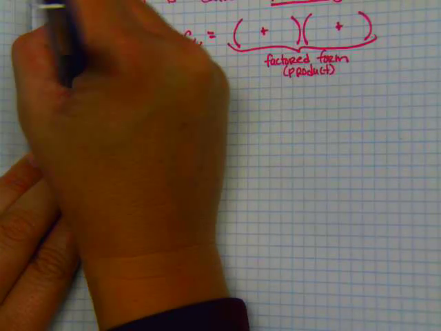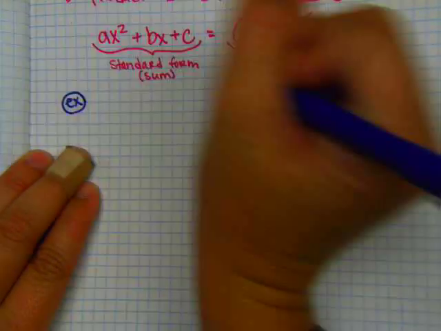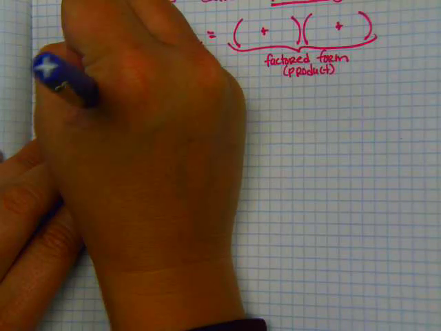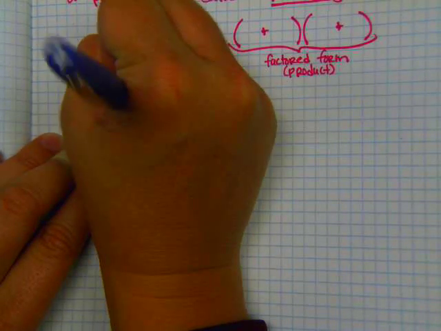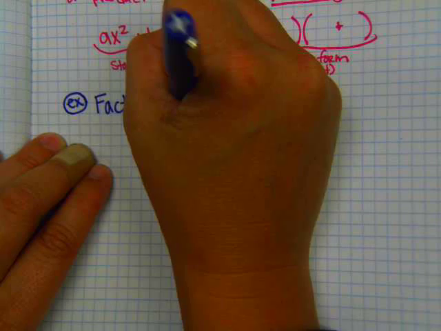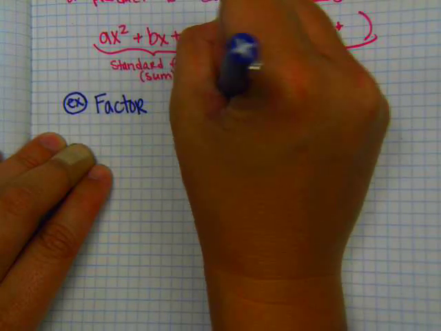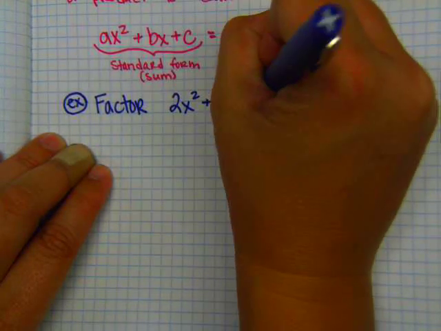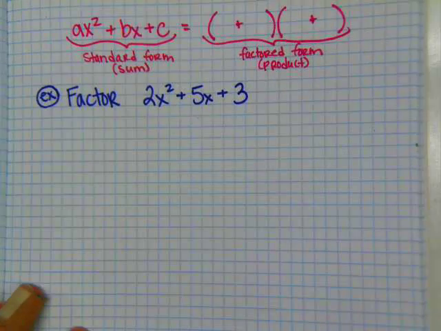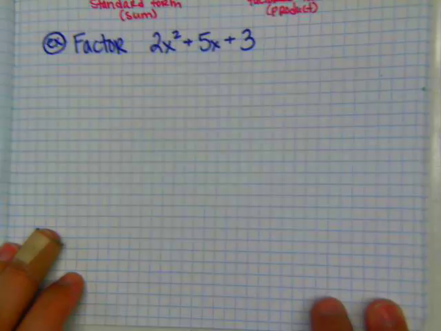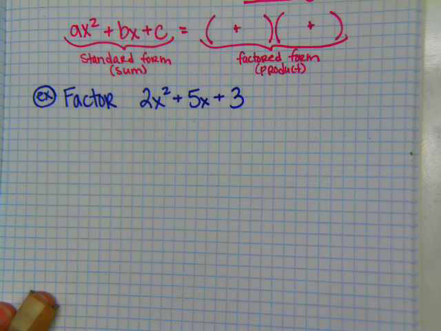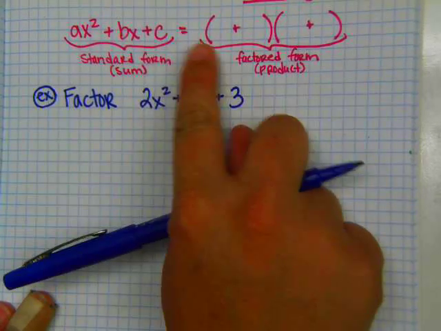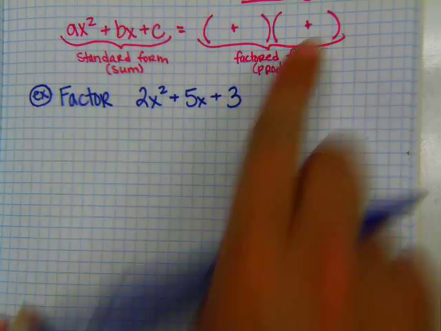So let's start with an example. Okay, we're going to factor 2x squared plus 5x plus 3, okay? So we have the standard form. We want to make it the factored form, okay? That's the whole purpose of this.